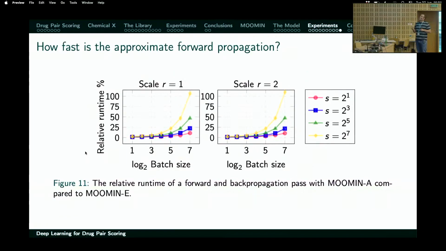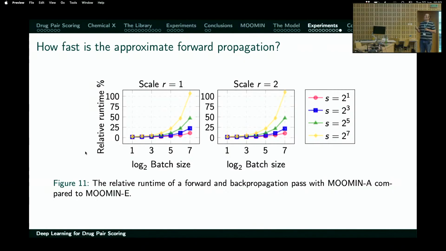Okay, so yeah, another question that we could ask is: as we change the batch size, and as we change the number of samples that we take in the random walk approximation, how fast is this relative to the exact computation?